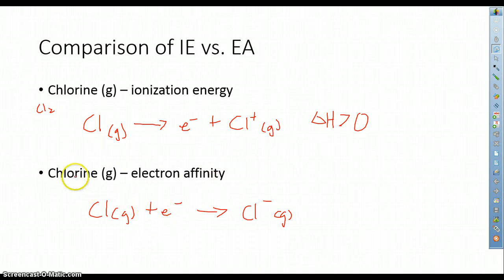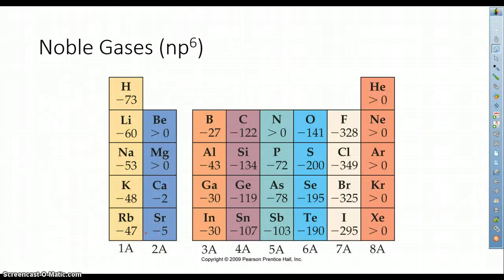But in this case, when I add the electron, the delta H will end up being negative, because once you add the electron, the system again becomes more stable, releases energy, so that's why you end up having negative delta H's.